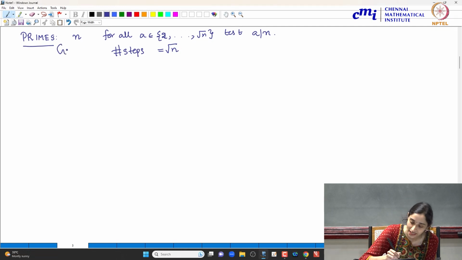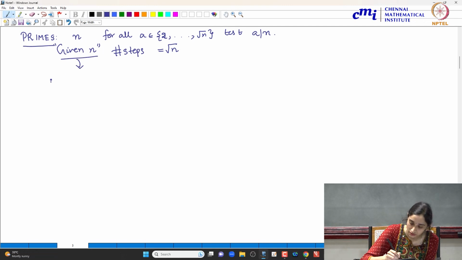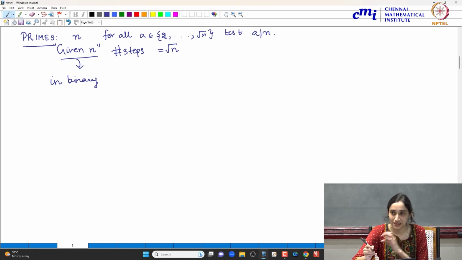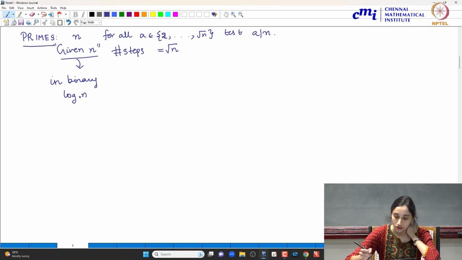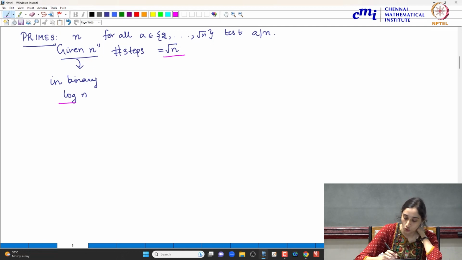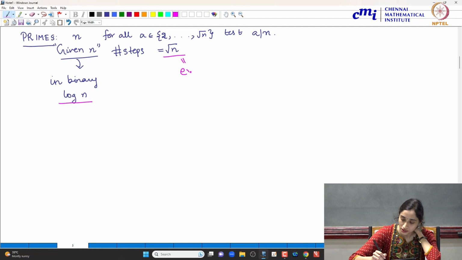So when I say given n, if n is given in binary, how many bits do you need to represent this number n? Log n bits. So then how does the number of steps depend on the input representation? Okay, this appears to be exponential in the input representation.